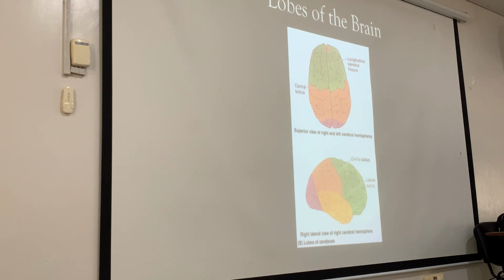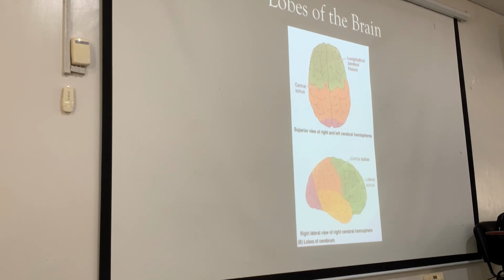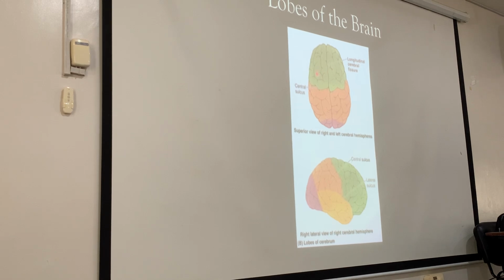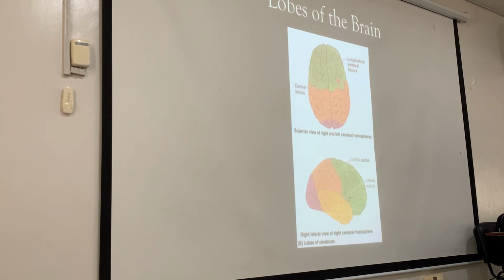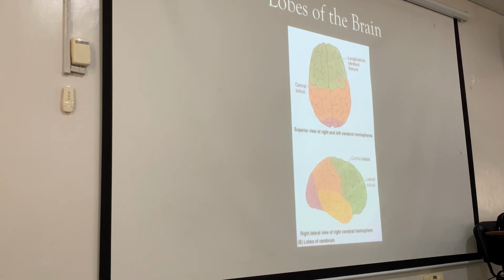And you have this longitudinal cerebral fissure, which contains the falx cerebri, separating the left and the right cerebral hemisphere. And colored green is the frontal lobe. So this is the left frontal lobe in green, and this is the right frontal lobe also in green. It is named frontal lobe because it is underneath the frontal bone.